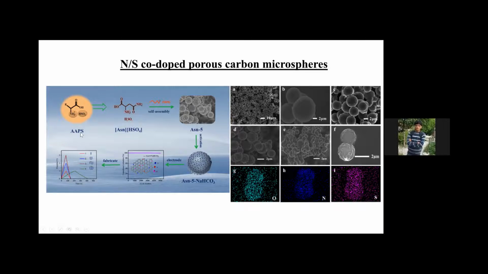This is one chemical, and it is the source of nitrogen and sulfur. With hydrothermal we can also get doped porous carbon, with nitrogen and sulfur content.